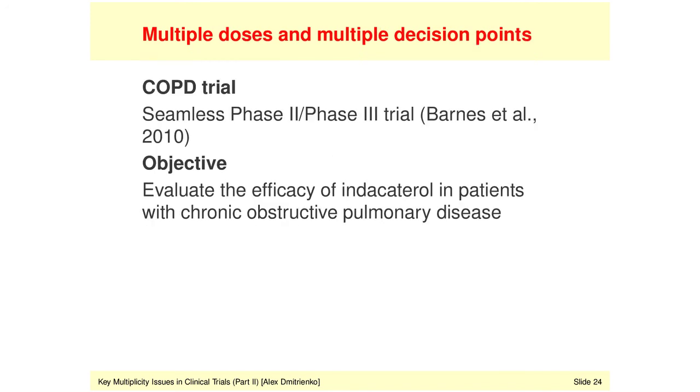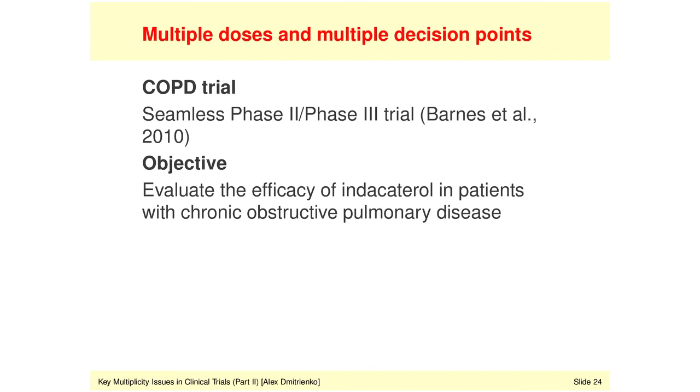I would like to quickly give other examples of trials with adaptive designs. For example, this slide 26 defines a trial that could be thought about as an adaptive treatment selection design. This was a seamless phase 2, phase 3 design in patients with chronic obstructive pulmonary disease or COPD.